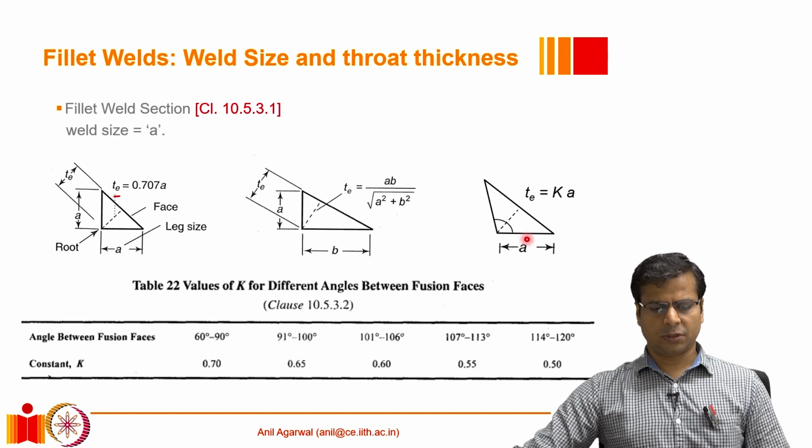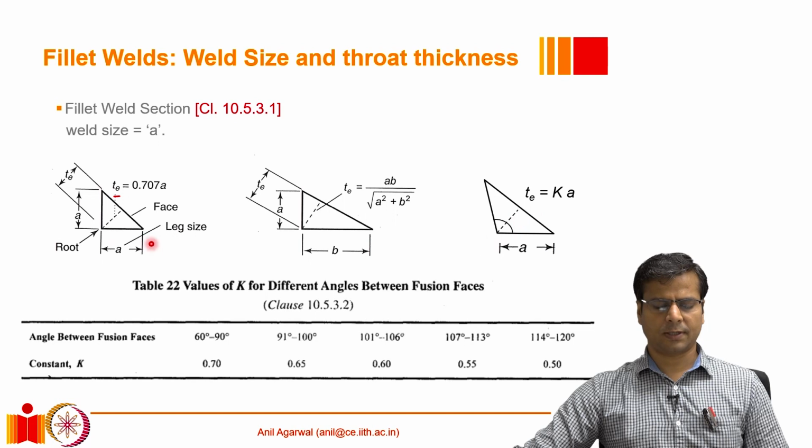In such a situation, the Indian Code IS 800 provides a table that can be used to calculate the effective throat thickness. So basically what it says is that if the angle here is between 60 degrees and 90 degrees, we can take that constant as 0.70, multiplied by A, as the throat thickness.